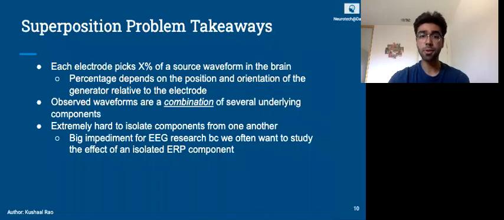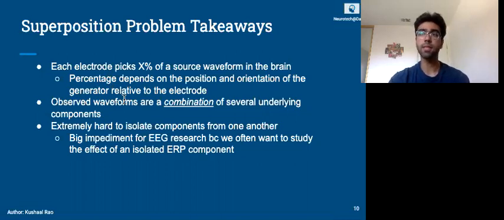So to put in words what I just said, each electrode picks up X% of a source waveform in the brain, and that percentage depends on the position and orientation of the generator relative to the electrode.